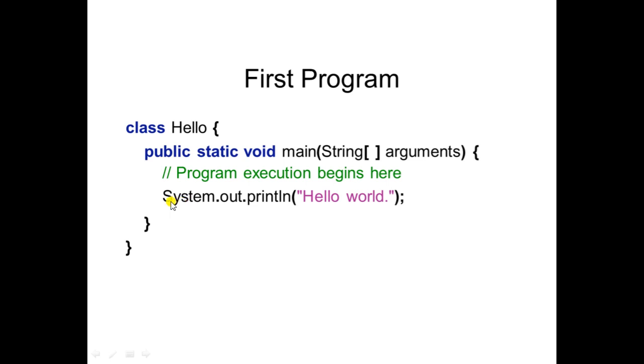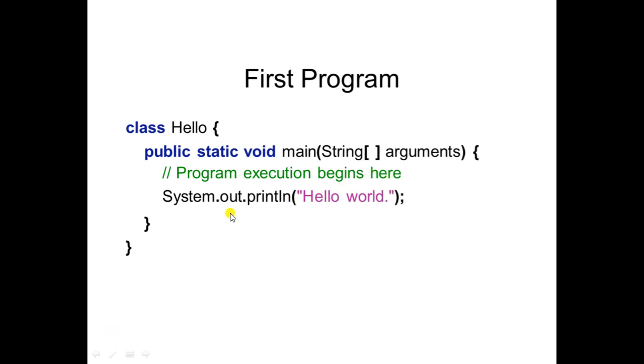Then what we have written here, System.out.println. Again, let me tell you students, we will discuss each and every word in detail, but you have to be very patient about this. Okay, because this comes later, but for the time being, what you need to remember here is the structure of your Java program.